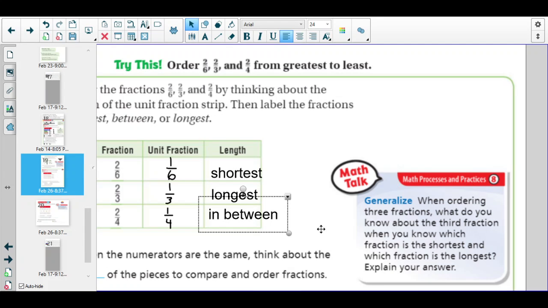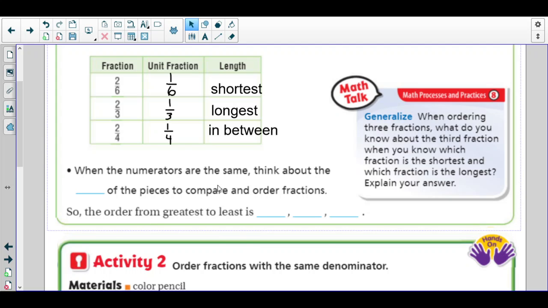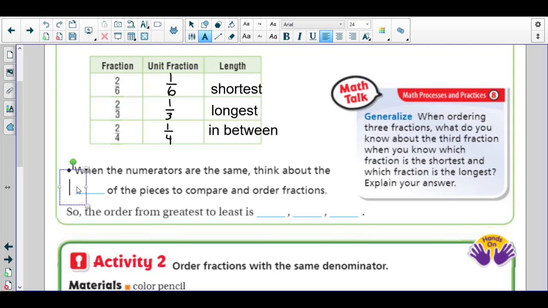Let's move to the rest of this question here. When the numerators are the same, so 2, 2, and 2, think about the size of the pieces to compare and order fractions.